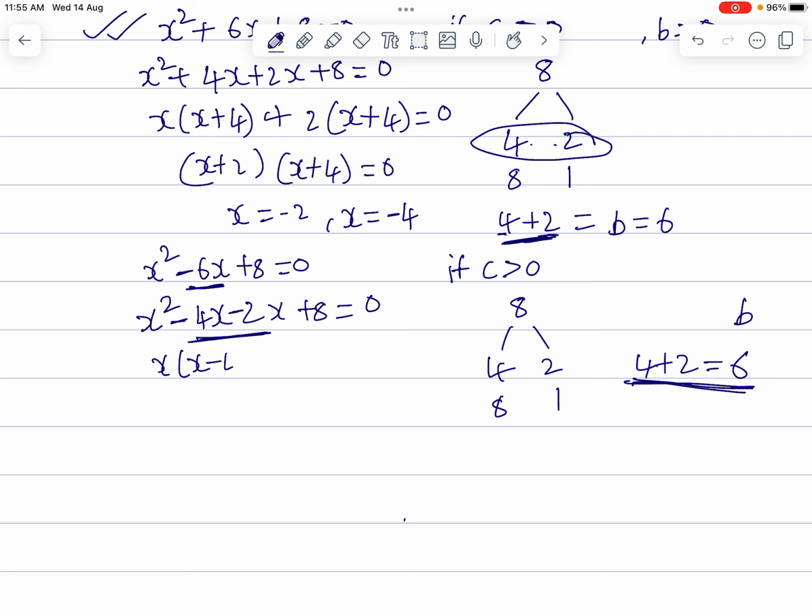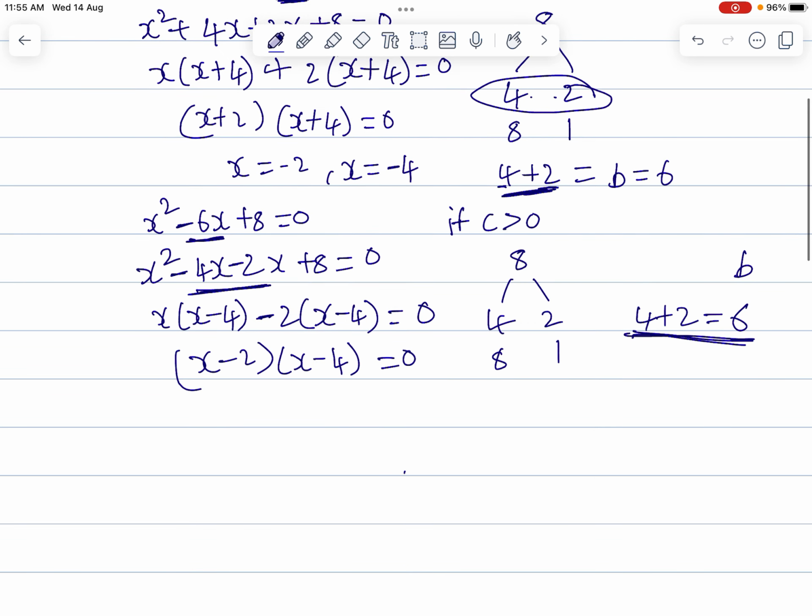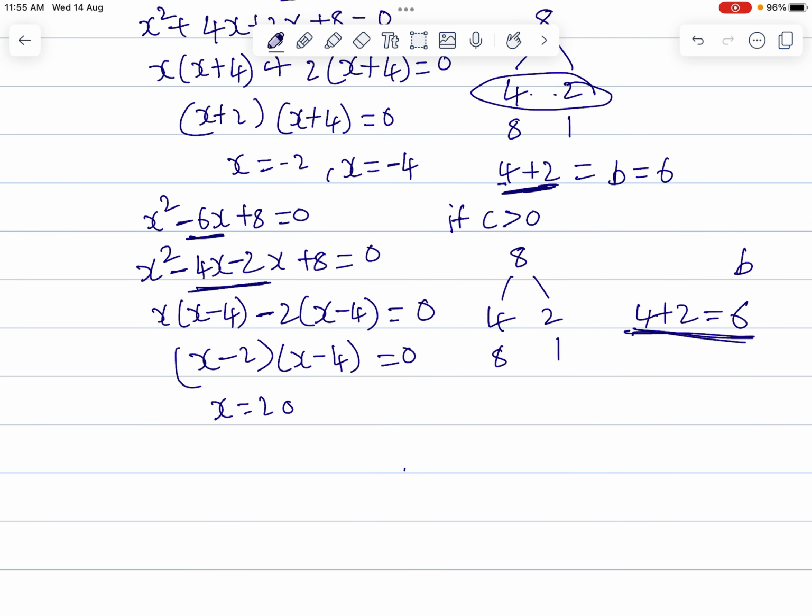Again, taking x as common, and in the second case taking minus 2 as common, overall we get x minus 2 into x minus 4 equal to 0. x is equal to 2 or x equal to 4 is the solution.